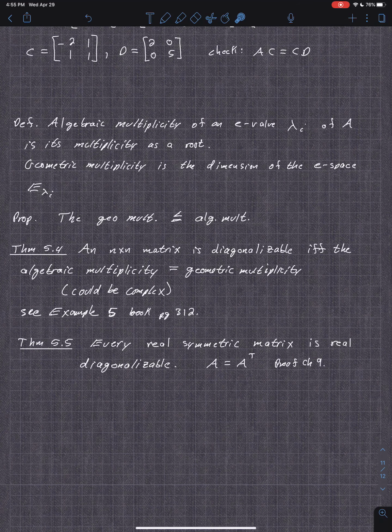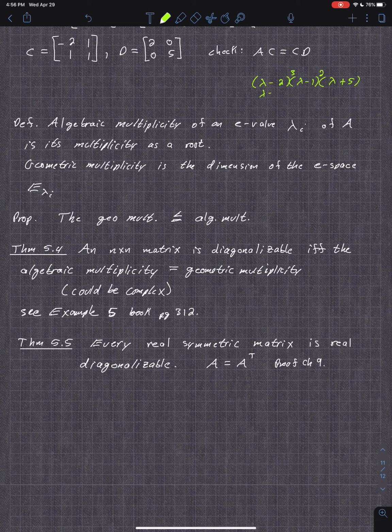All right, so this goes back to example 18. The algebraic multiplicity of an eigenvalue of A is its multiplicity as a root. So you get the polynomial, and you could have something like this: lambda minus 2 cubed, lambda minus 1 squared, and lambda plus 5.